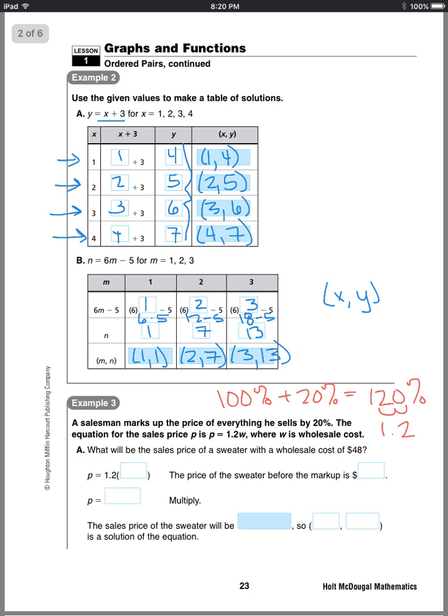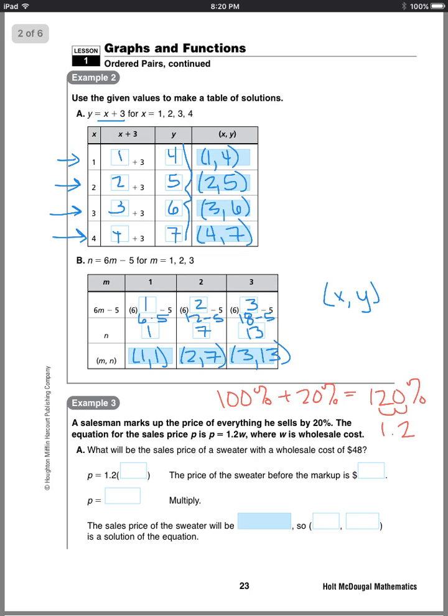What will the sales price be of a sweater with a wholesale cost of $48? So anytime you're trying to find what the cost of anything is in this problem, you would take the price of a sweater and multiply it by the markup.